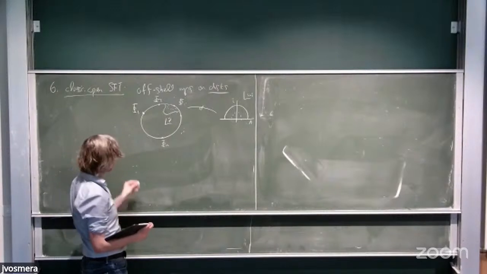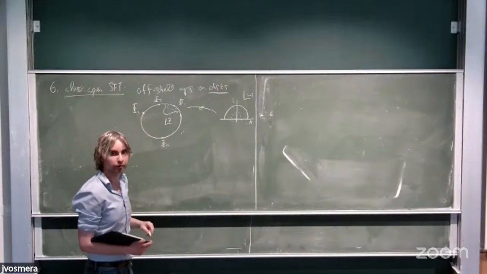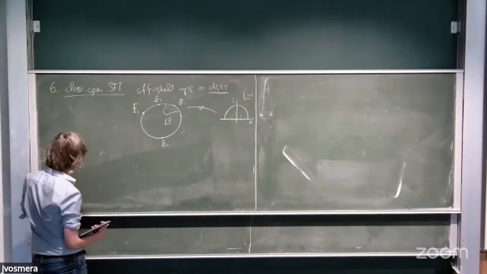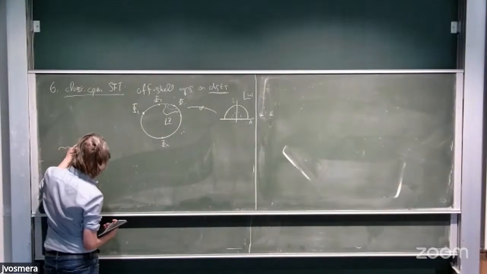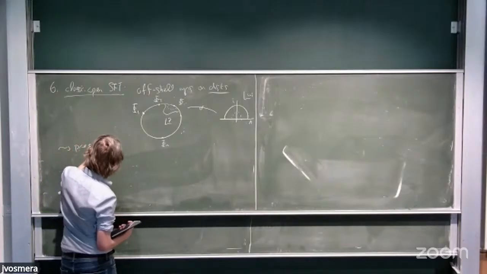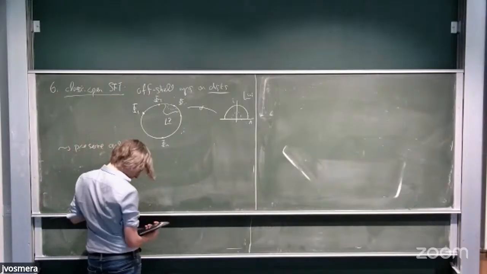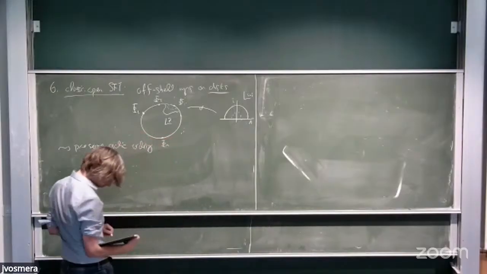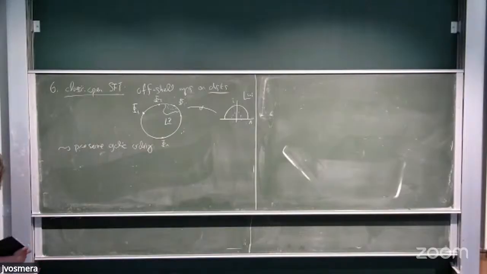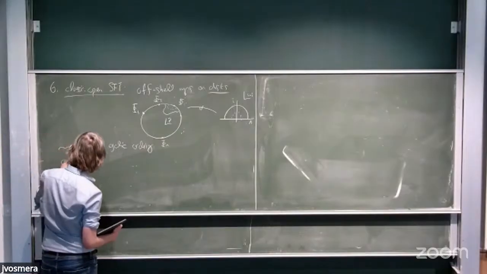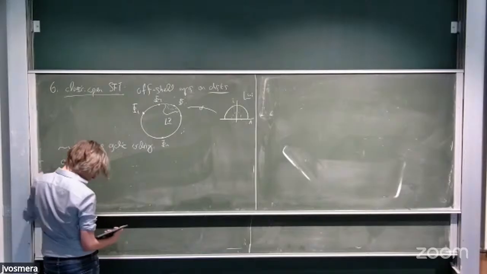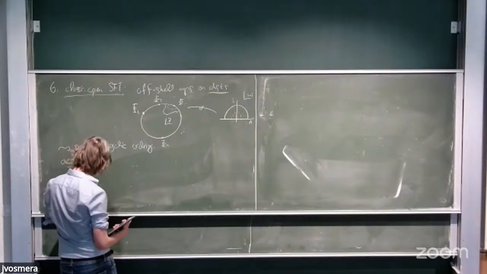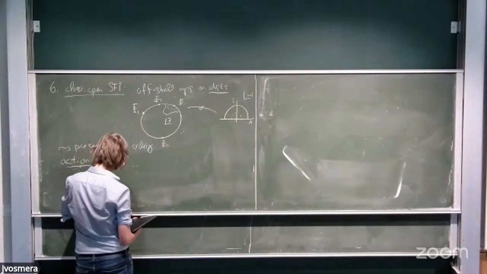Whatever I do, I need to preserve the cyclic ordering, right? So the interacting vertices which enter the action of the open string field theory will no longer be totally graded symmetric, but they will be just totally graded cyclic.